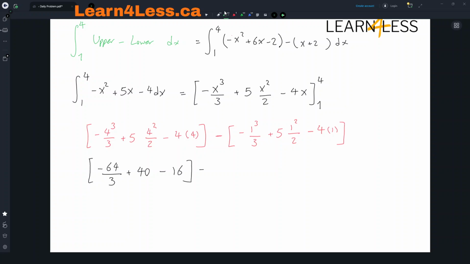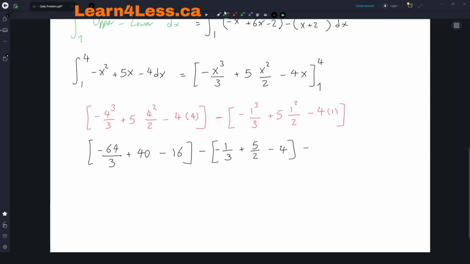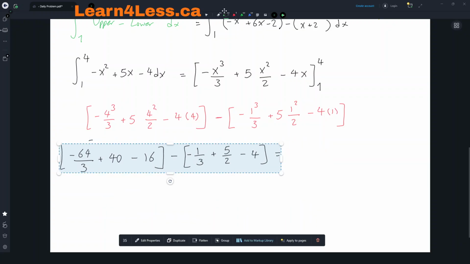This is the first bracket minus the second bracket, which would be negative 1/3. 1 to any power would be just 1, plus 1 squared is 1, 1 over 2 is 1 over 2, and times 5 it's 5 over 2, minus 4 times 1, which is simply 4. Let me just rewrite everything here without any brackets.